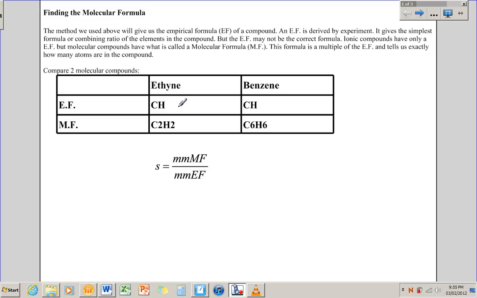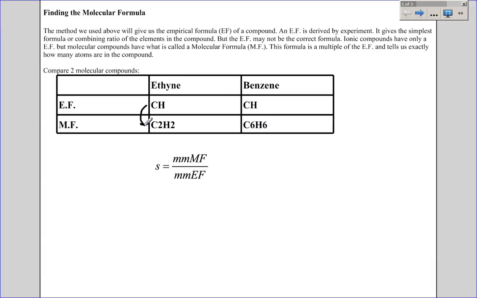Now let's look at this conceptually. Both ethine and benzene have the same empirical formula of CH. The molecular formula for ethine is C2H2, while that of benzene is C6H6. Much like their formula is a multiple of the empirical formula, in this case the molecular formula is 2 times its empirical formula, and in this case it's 6 times, the molar mass is going to be in the same multiple.